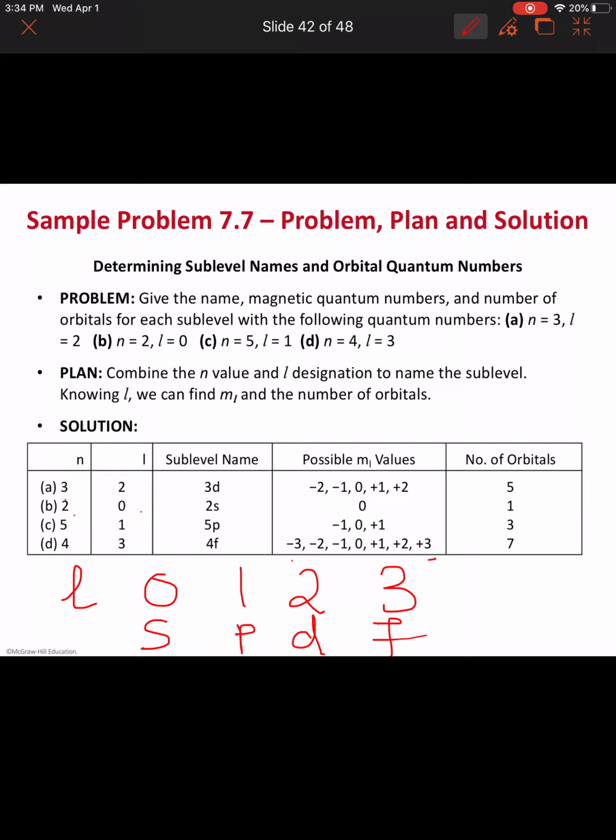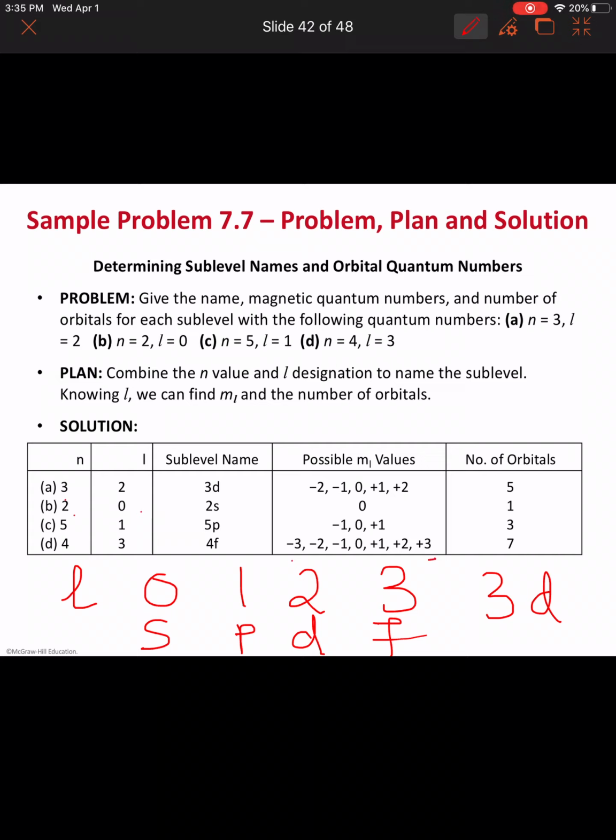So the first one, n equals 3, L equals 2. You need to give the name of the orbital. Since the principal quantum number is 3 and L equals 2, that's going to be a d orbital, so that's a 3d orbital. And the possible ML values are minus 2 to plus 2. Since there are 5 ML values, the number of orbitals is going to be 5.